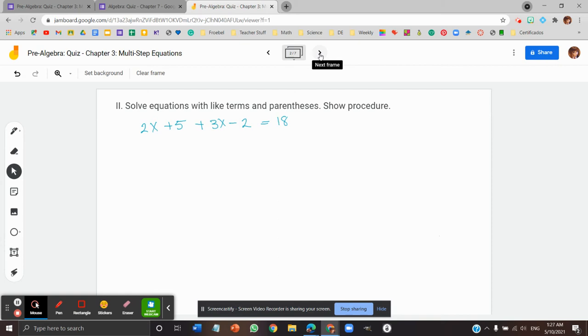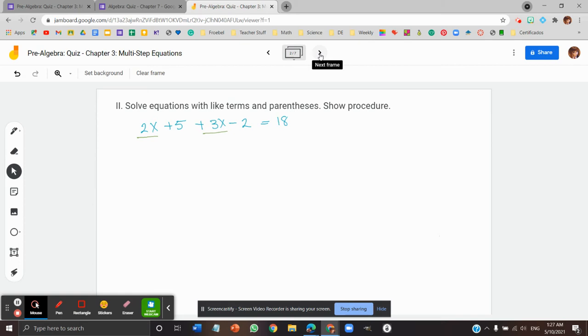The first thing I have to do is identify the terms that are alike. I'm always going to try to simplify each part of the equation as much as I can before I start just moving things around. So I have here 2x and 3x, and those two are like terms.